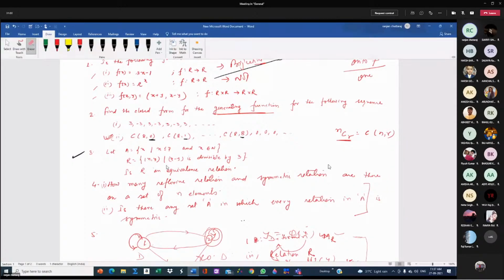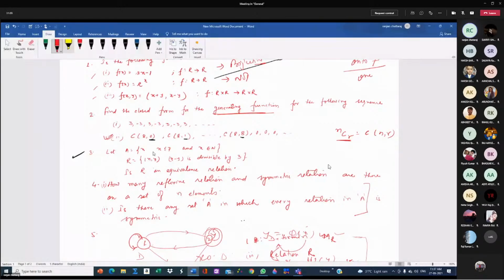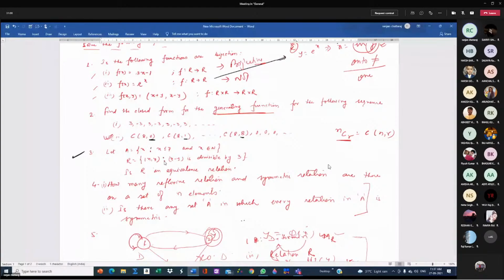Write in this way. It is set builder form. R consists of the ordered pairs (x, y) such that x and y are related by this. Actually, this is your R. x minus y is divisible by 3. This is your relation. And how do you define the set A?